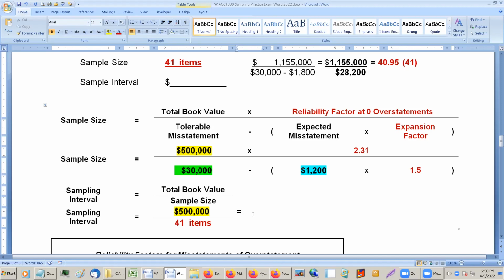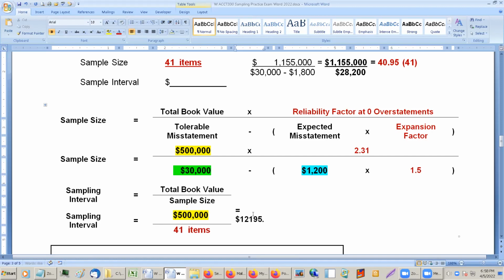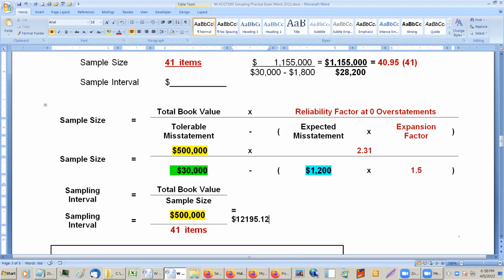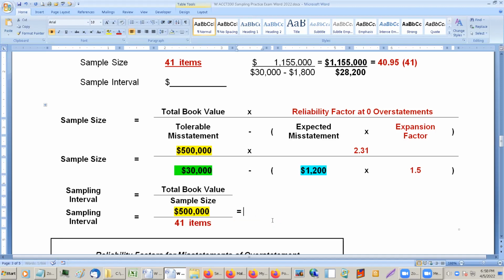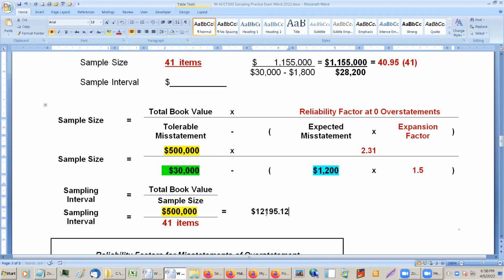You can just put the nearest dollar if you want. My formatting here isn't the best.